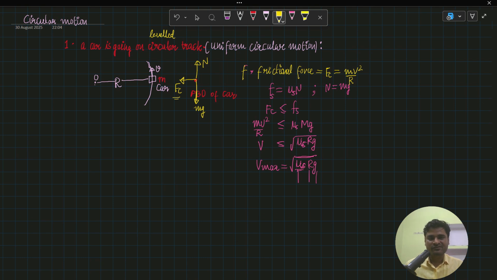For some vehicle mu s will be different, because mu s is the property of the surfaces in contact. So this is the maximum velocity that is allowed on this circular track. And whenever the vehicle tries to go beyond this velocity, there will be skidding.